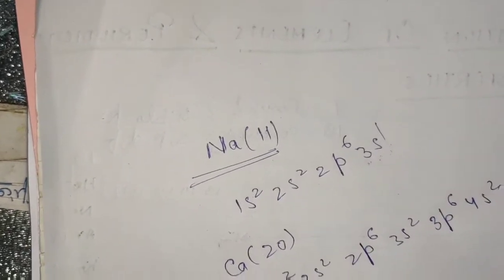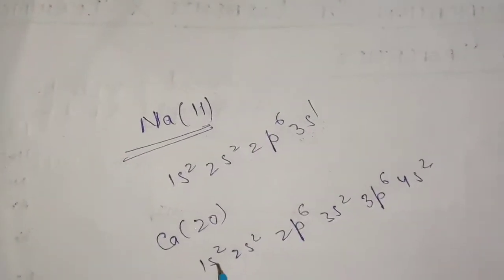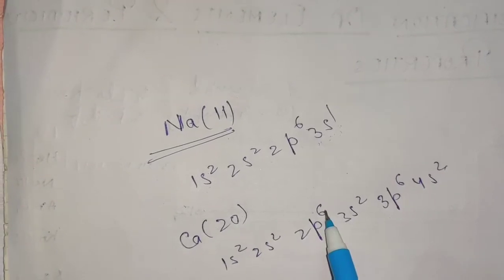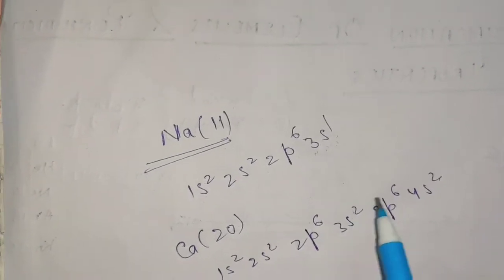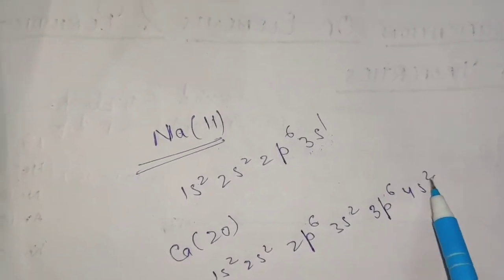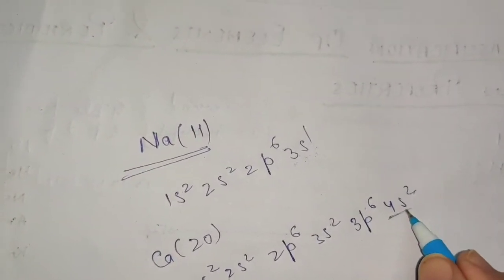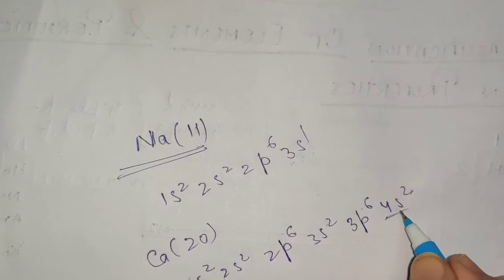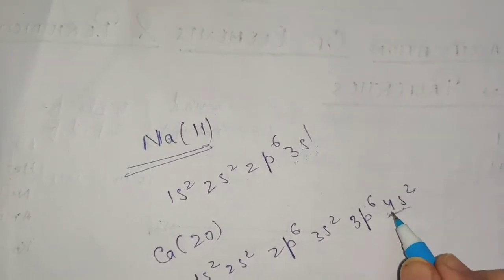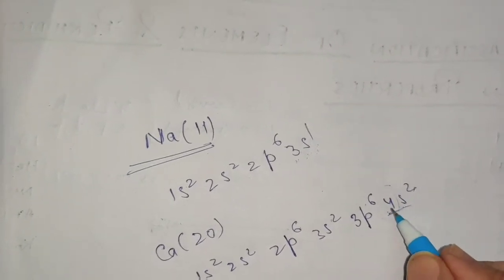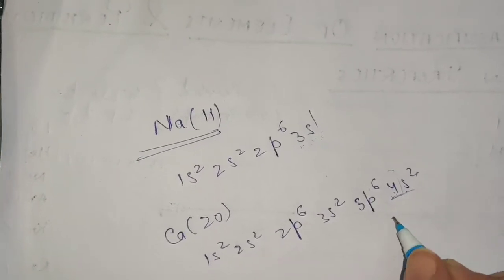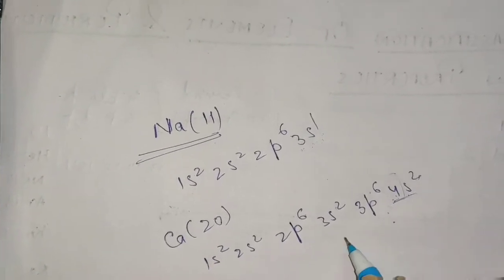Let me check whether it is 20 electrons or not: 2 plus 2, 4, plus 6, 10, 12, 18 and 20. Here again the last electron is entering into the S subshell of the last shell, which is the fourth shell. So this will also fall under the S block.